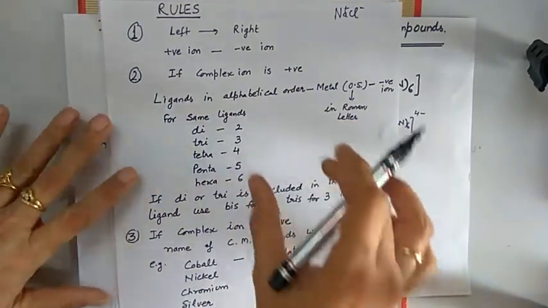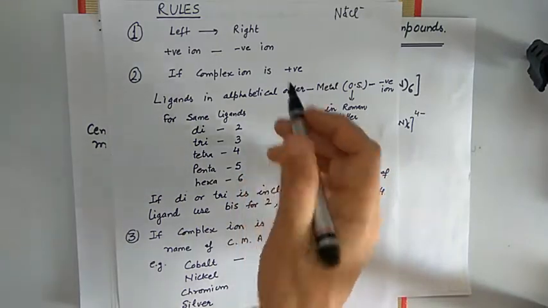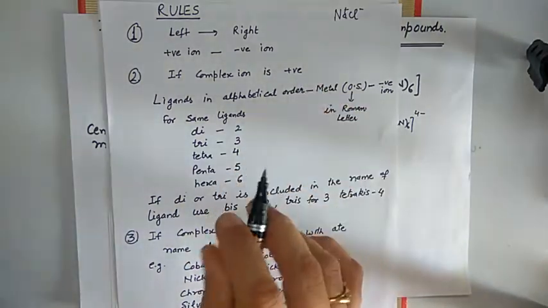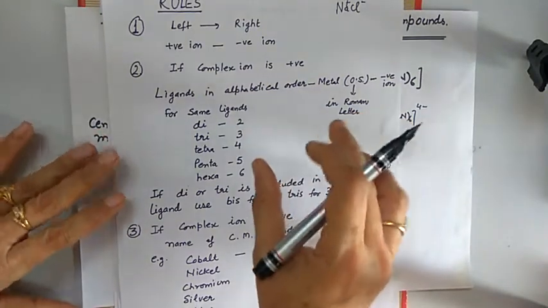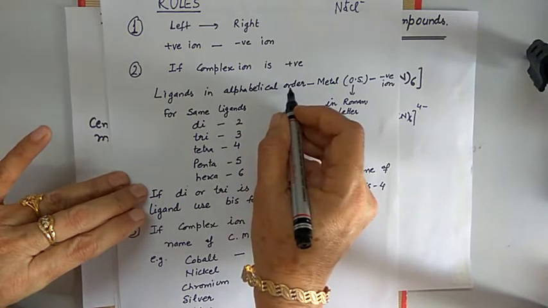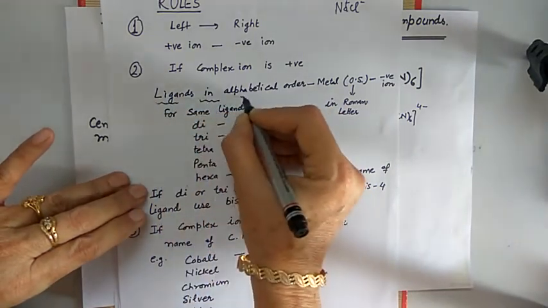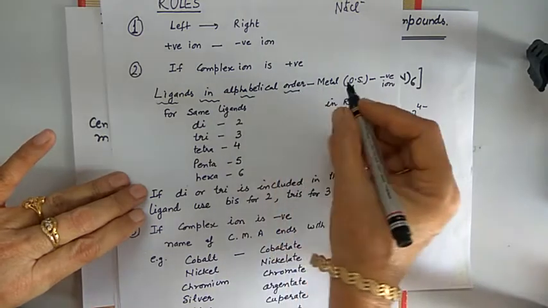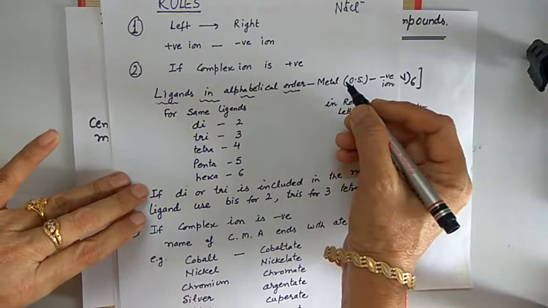Then we see what charge is present on the complex ion. If the complex ion is positive, how do we write its name? We first write the names of ligands in alphabetical order. Then the metal atom to which the ligands are attached.